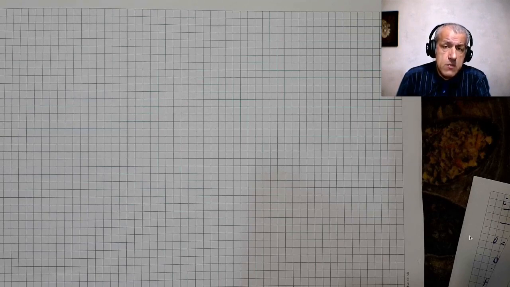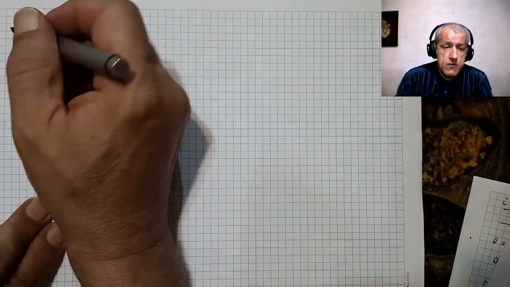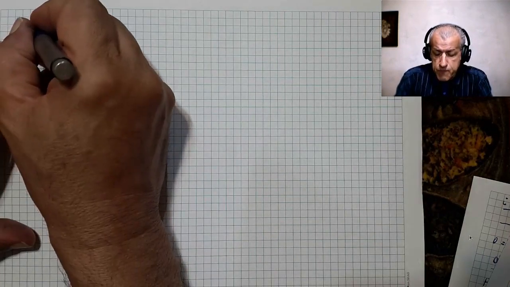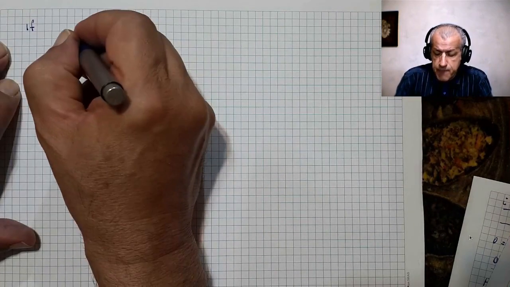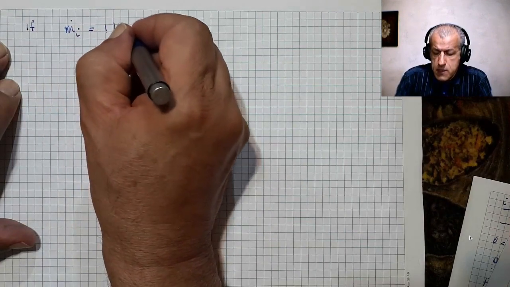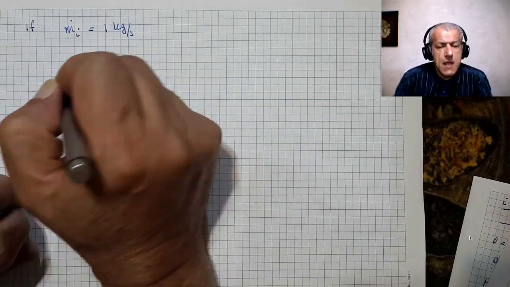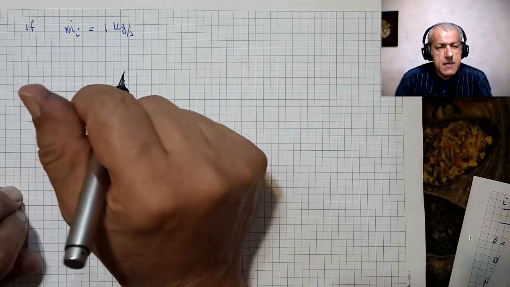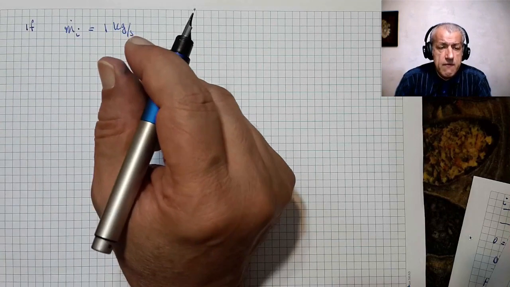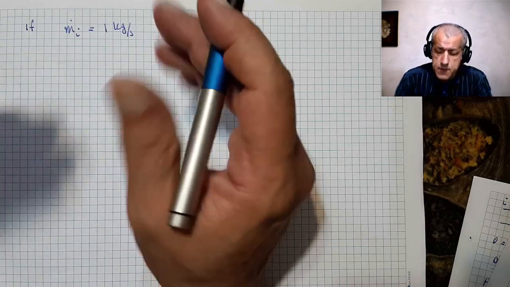Now, what we want to do now is to put numbers to that. What I do first is that we assume that m dot I is 1 kilogram per second, which means that I am doing this calculation for every kilogram per second of inlet fluid.